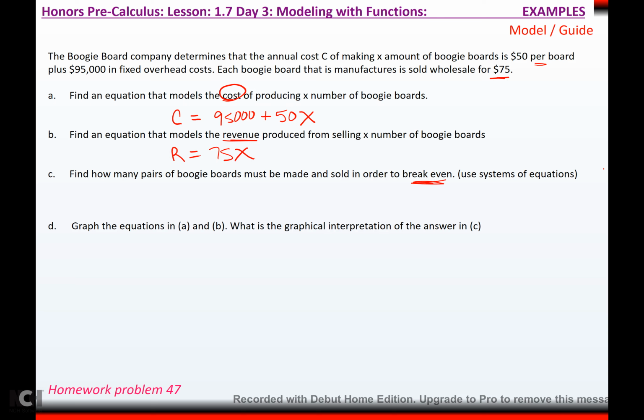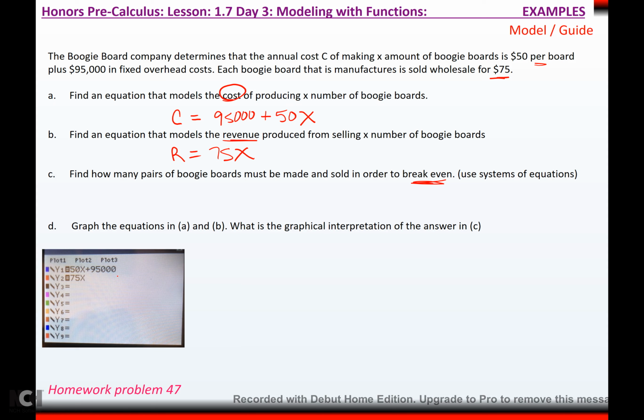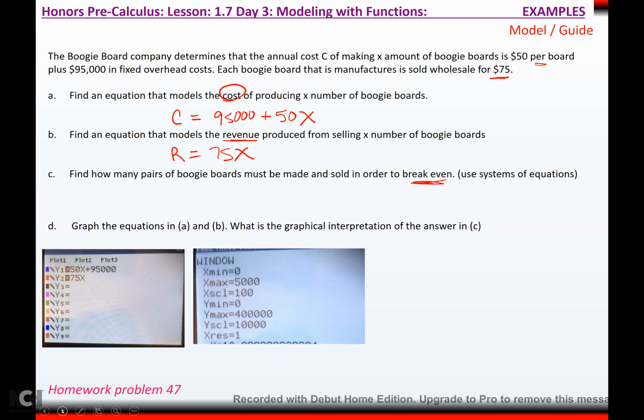You can use systems of equations, but we're going to use the graphing calculator. So I go to Y1 and type in my cost equation, go to Y2 and type in my revenue equation, and adjust my window. My cost function goes all the way up to 95,000, so I have no idea how far out I'm going to have to go, but I went from 0 to 5,000, counted by hundreds, and 0 to 400,000, counted by 10,000s.